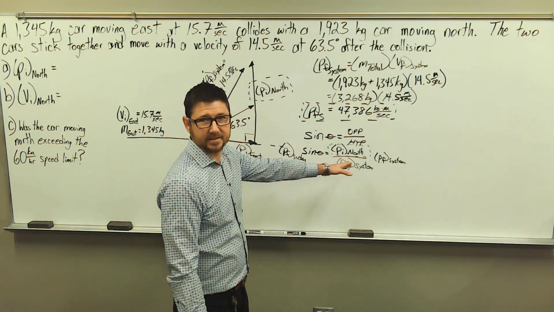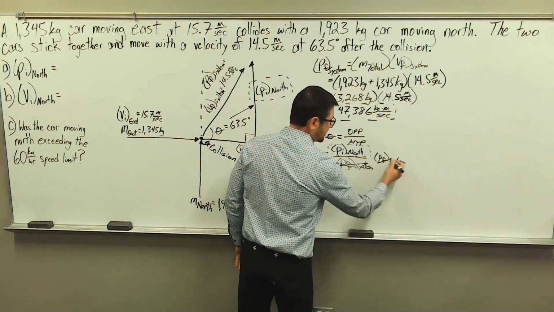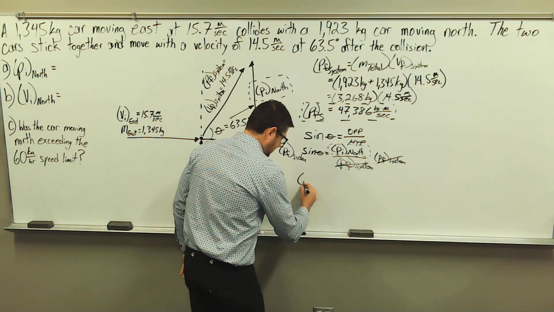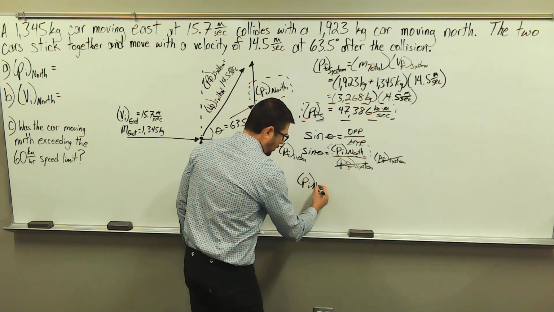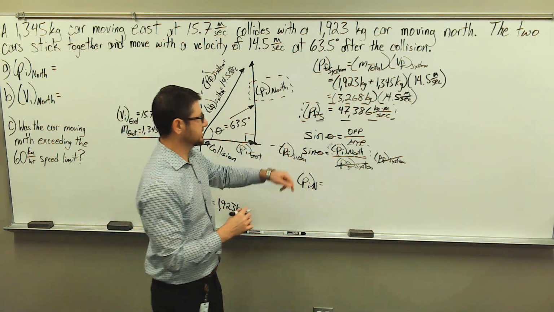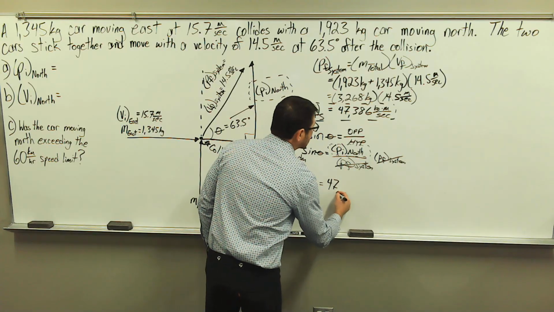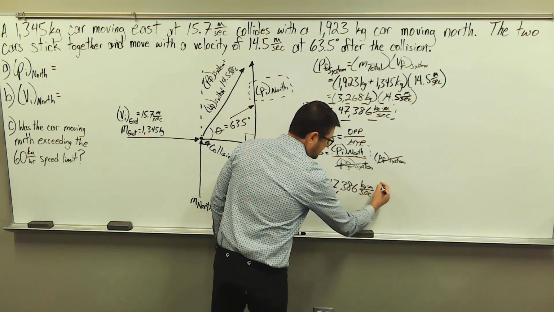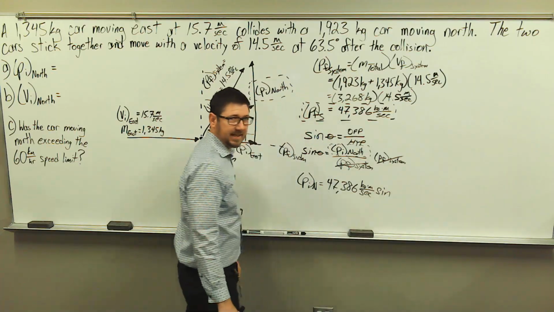So on the right side of the equal sign, final momentum of the system cancels. And so what we have is the initial momentum for the car moving north is equal to the final momentum of the system, 47,386 kilogram meters per second, times sine of the angle theta.